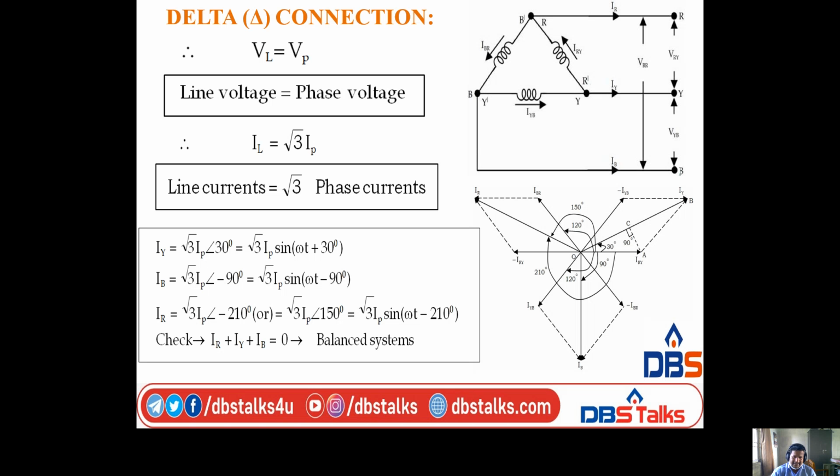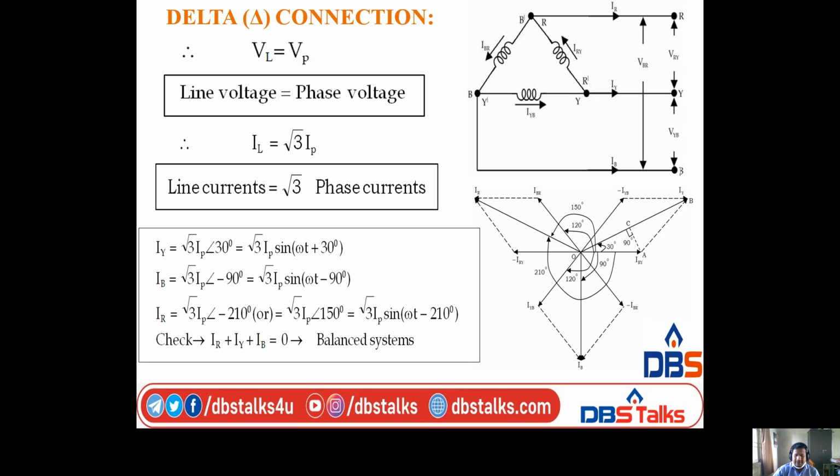Similarly, apply KCL at node Y and also node B, such that we are getting IY is equal to IYB and IRB, where IYB is incoming and the other is leaving.